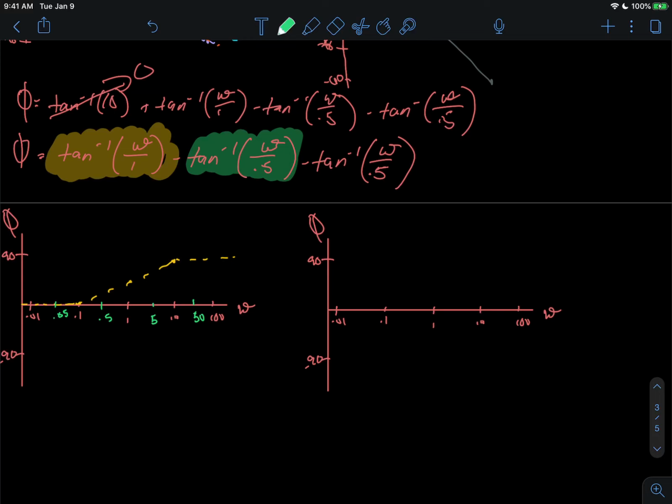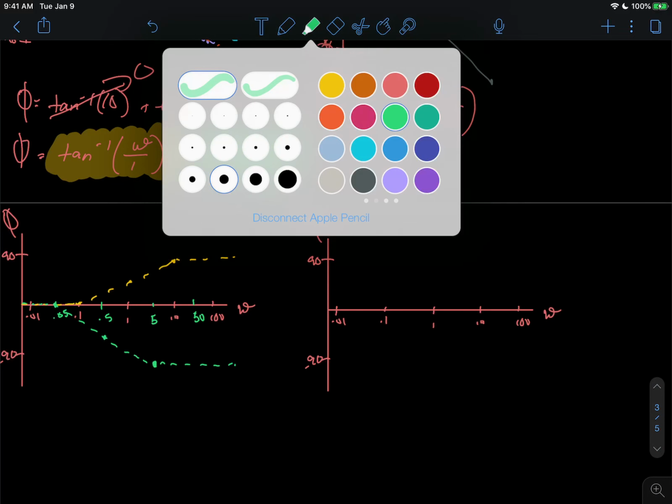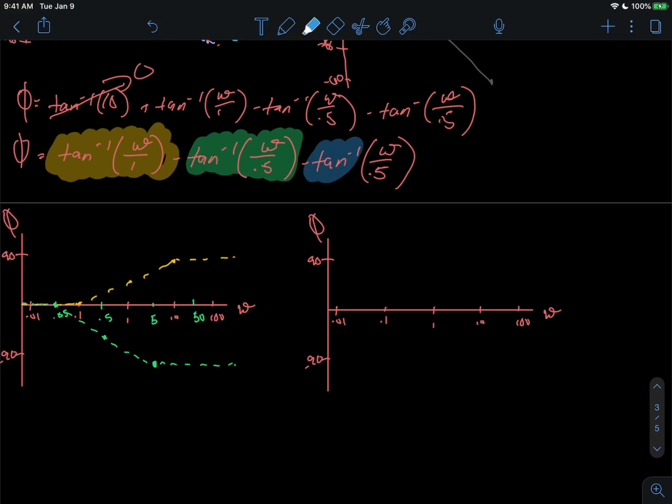Okay. So at 5, it's going to be there, 45 at 0.5, and then 0 at 0.05, and then they'll cap out. So that's what that part would look like, and then since it's a repeated pole, this part right there is going to be exactly the same as that green part.